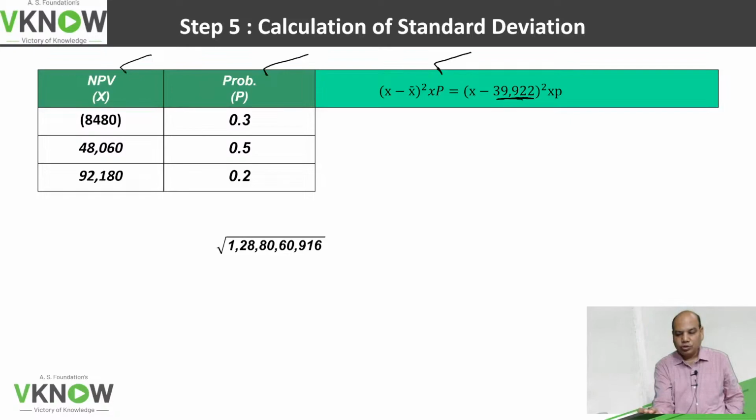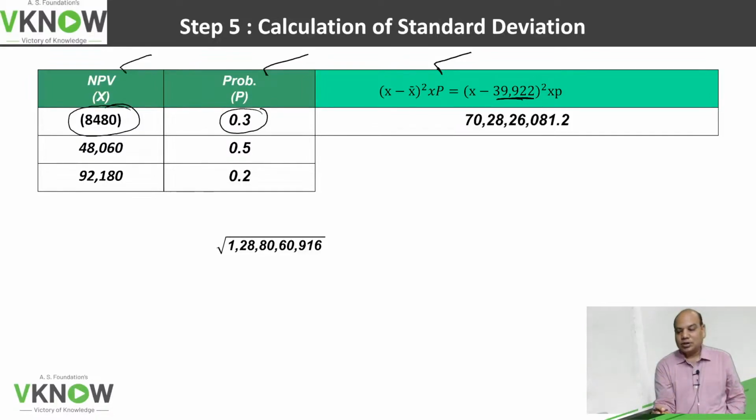Now on your calculator, first you type minus 8480 minus 39922 into equal to into 0.3. You will get a very big number, 70 crore 28 lakh 26,081.20. Try the next one.